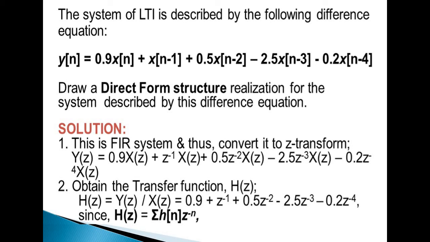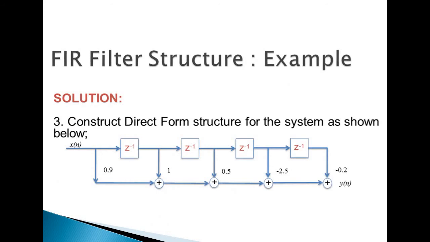So to combine the x of z terms and take the ratio y of z by x of z, you will get the transfer function h of z is 0.9 plus z raised to minus 1 plus 0.5 z raised to minus 2 minus 2.5 z raised to minus 3 minus 0.2 z raised to minus 4. Since h of z is the summation of h of n z raised to minus n, it is constructed in this way.